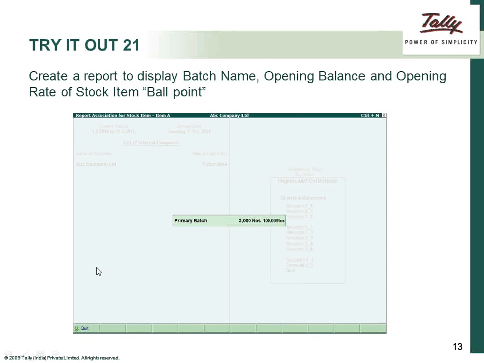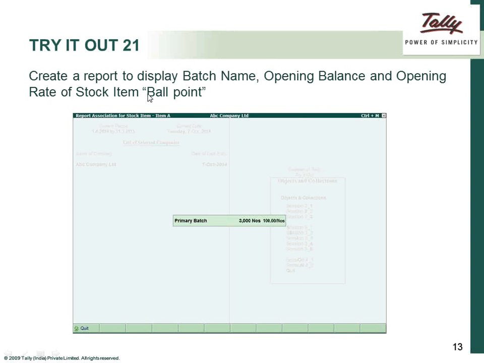Now, at this point of time, we have already provided the details of that stock item called ballpoint. Now, the next tryout says, create a report to display the batch name, opening balance, and opening rate of stock item ballpoint.